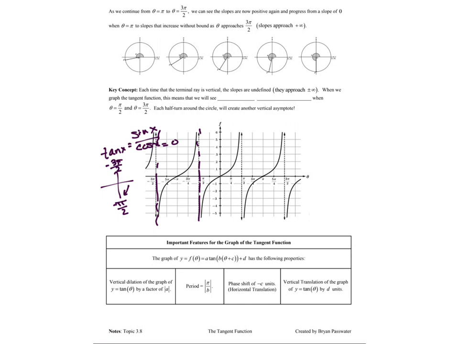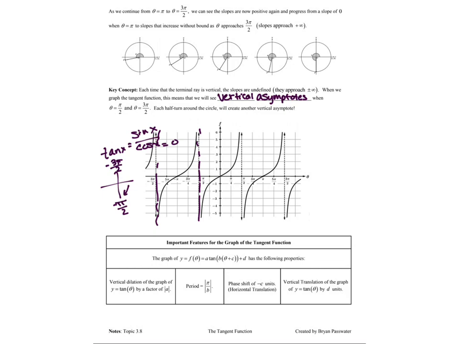So each time the terminal ray is vertical, or cosine equals 0, the slopes are undefined. When we graph the tangent function, this means we will see vertical asymptotes when theta is pi over 2 or 3 pi over 2. Each half turn around the circle will create another vertical asymptote.